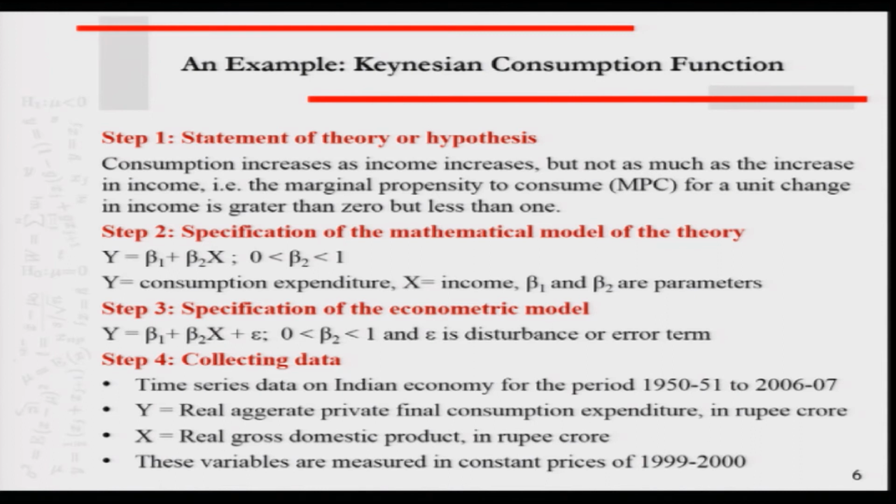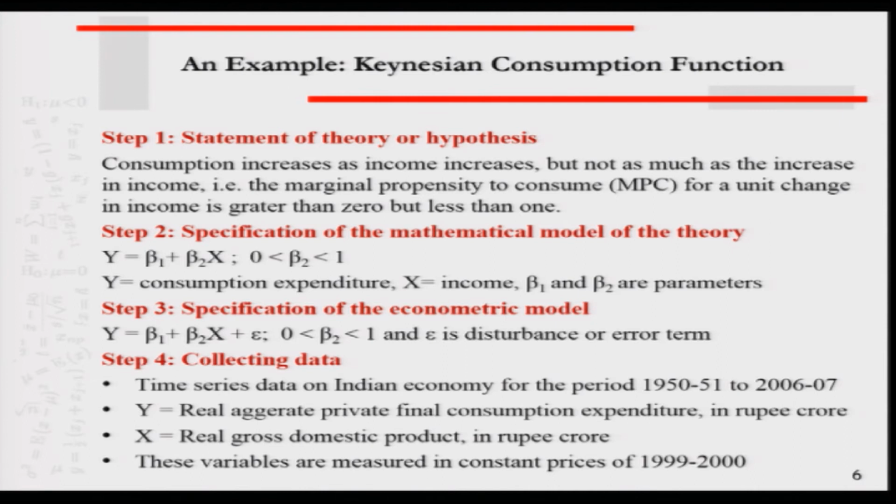Step 1 is that you have to state the theory and form the hypothesis. This itself will explain what a Keynesian consumption function is. Here, consumption could be in physical terms or in monetary terms, like consumption expenses. Consumption increases as income increases, but not as much as the increase in income. It implies that if there is an increase in income of 1 rupee, then consumption expenses will increase, but not by 1 rupee, it will be less than that.